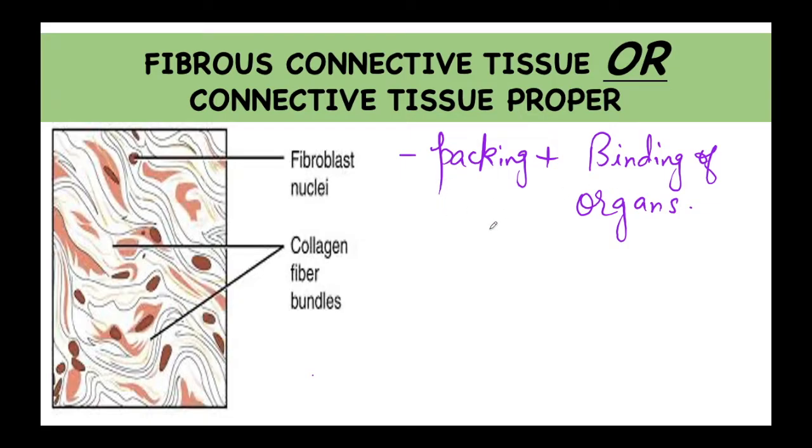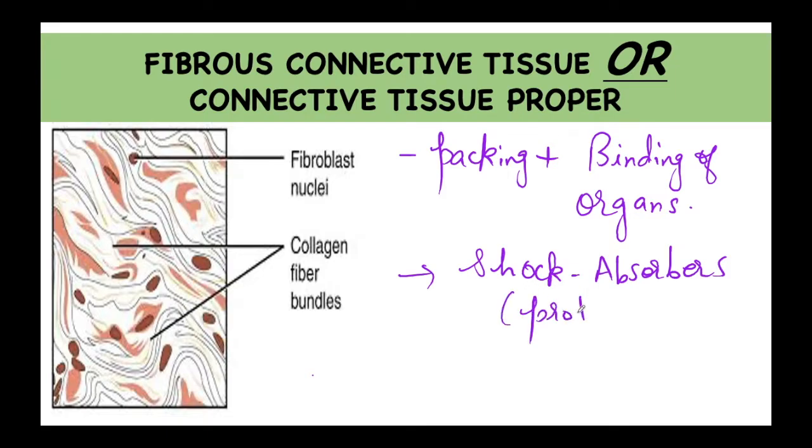And yes, they provide support and strength to the bones and organs of the body also. They act as shock absorbers. So therefore they protect organs and tissues. So therefore they are protective in nature.